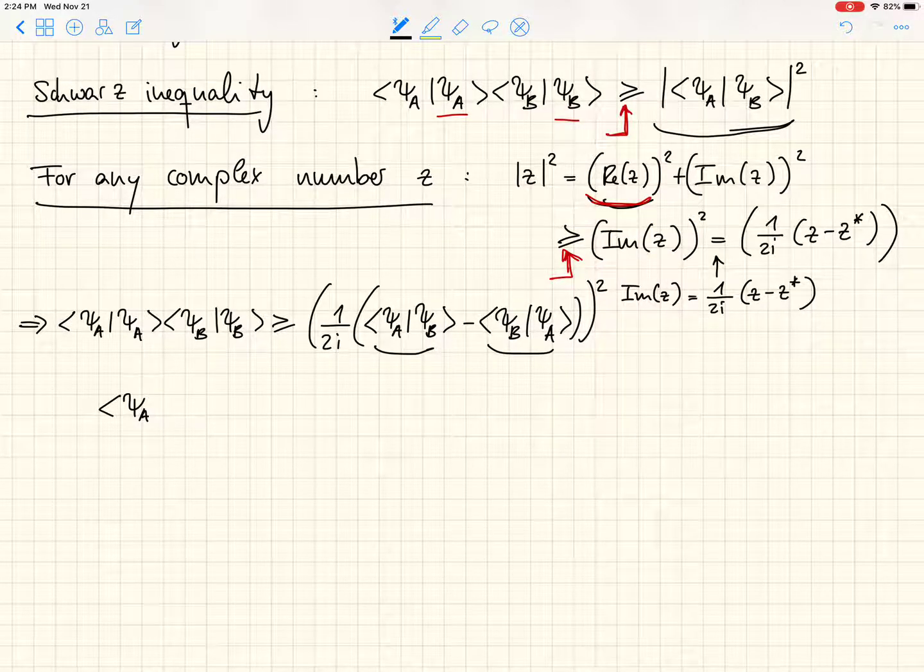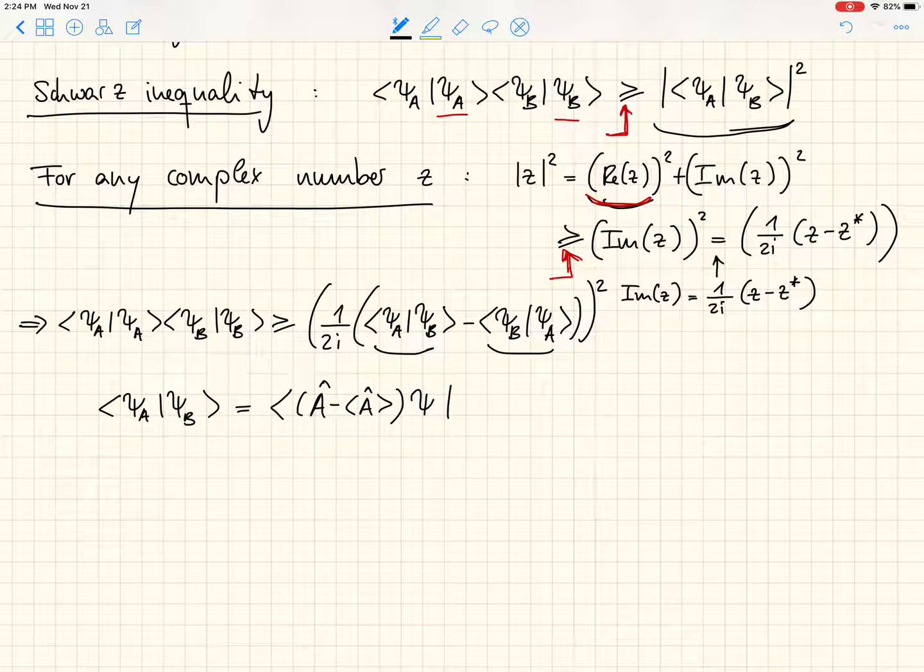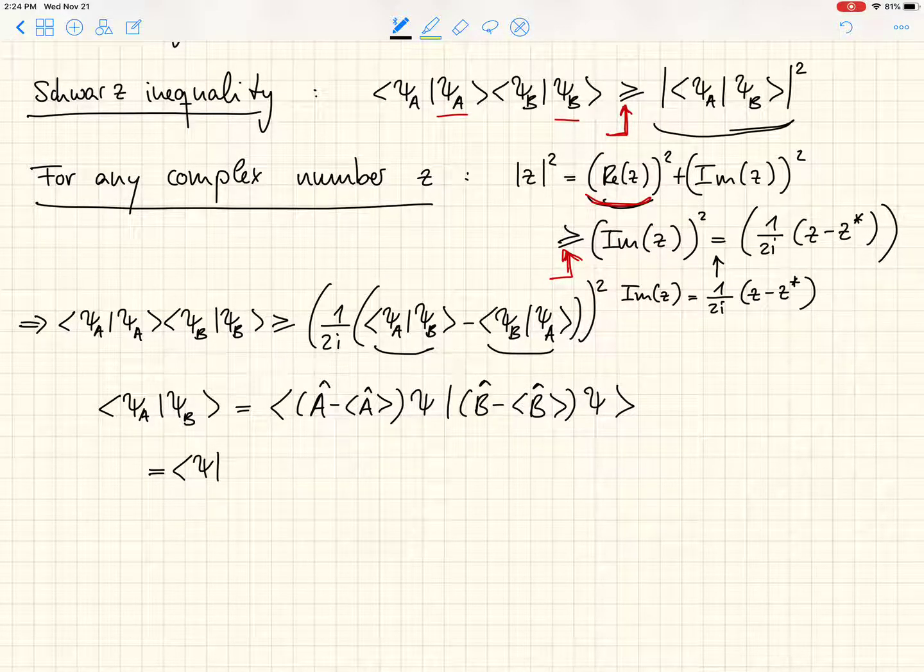The inner product of psi_A and psi_B, I'll write out here, is equal to (A minus ⟨A⟩) psi with (B minus ⟨B⟩) psi. Now A and B are both Hermitian, so I can write this also in this way.